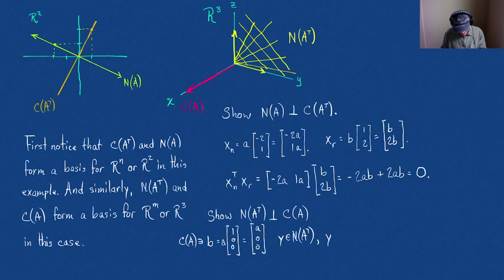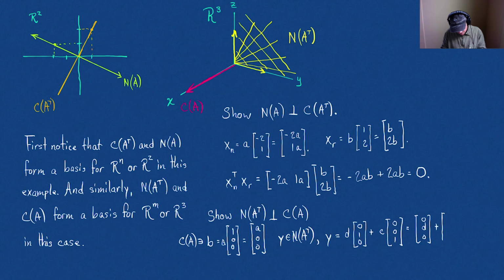So y in the null space is going to be some scalar, let's call it d, times 0, 1, 0, plus some other scalar, maybe c, times 0, 0, 1. Let's write that as the vector 0, d, 0 and the vector 0, 0, c.